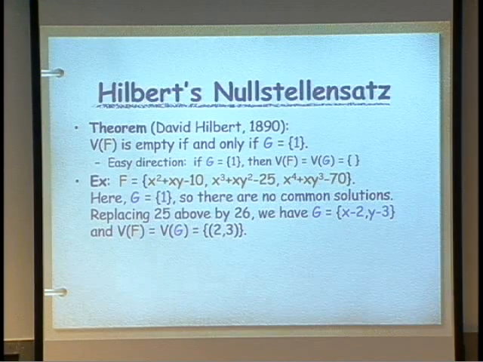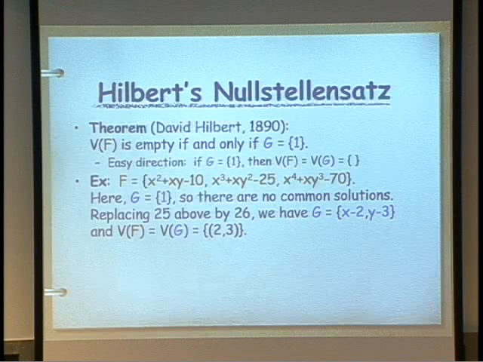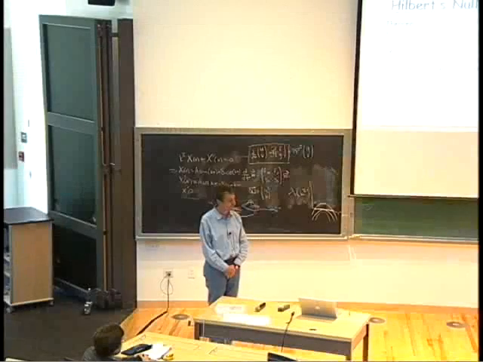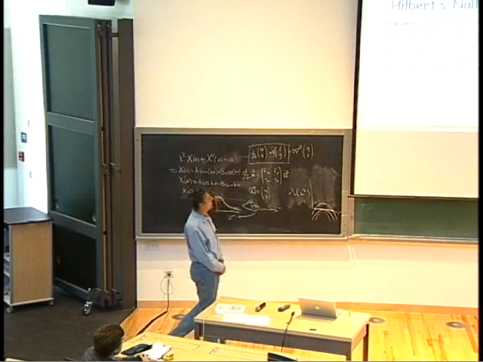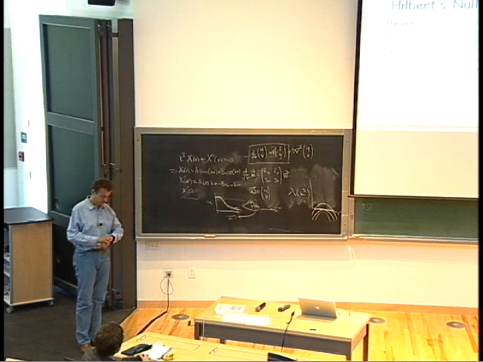However, if I take the middle input polynomial and replace the constant term minus 25 by minus 26, then the unique reduced Gröbner basis consists of 2 equations, x minus 2 and y minus 3, and by inspection, I conclude that the variety consists of a single point with coordinates x equals 2 and y equals 3.